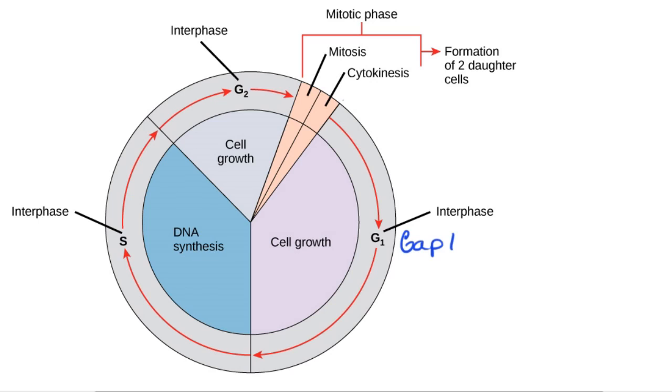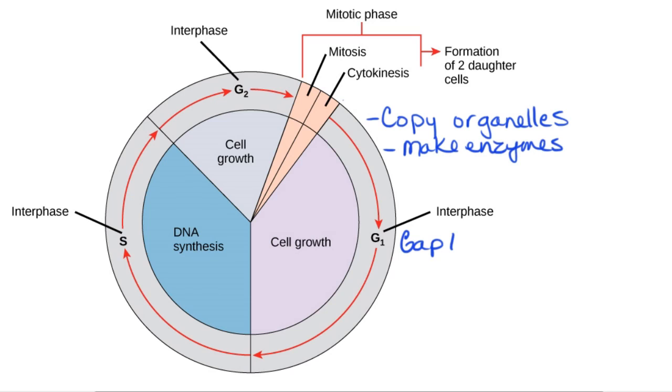So this is definitely a growing phase. We are going to find that the cell is going to copy the organelles during this point in time. We're going to make a lot of different enzymes, proteins, things that we will need later for the next phase. And we will see an increase in the cell size as we go from the beginning of G1 to the end of G1.